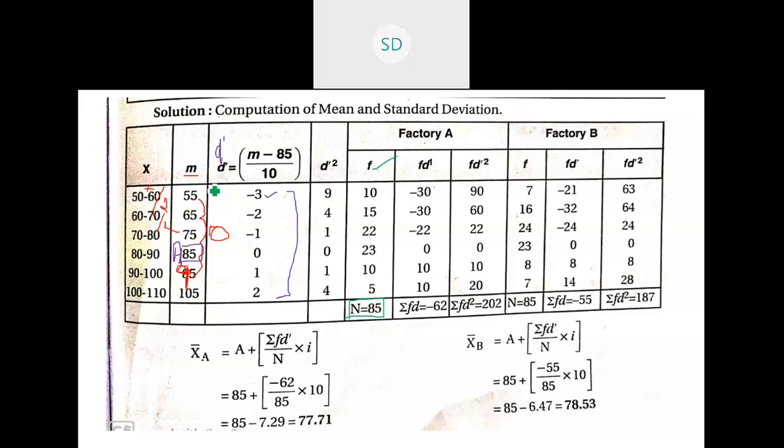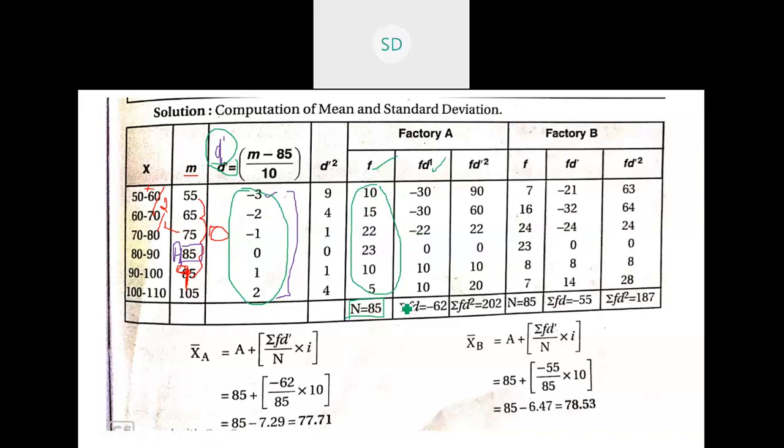Now let's multiply these deviations, these d dash values, by the frequencies. Let us multiply this column into the frequencies. Here you can see both of them, I've marked it in green. So these two have to be multiplied for us to get the values of fd dash.